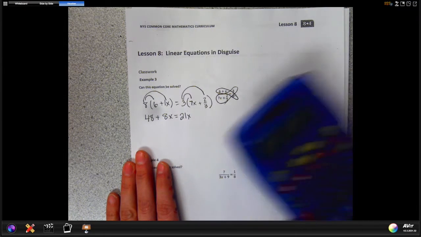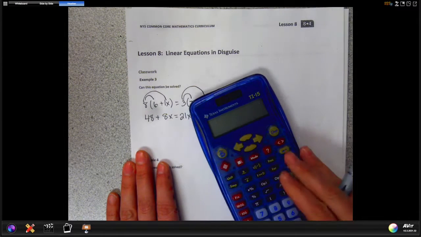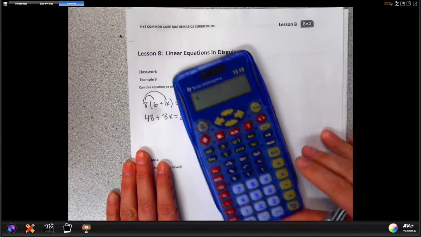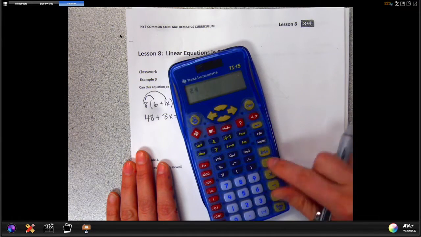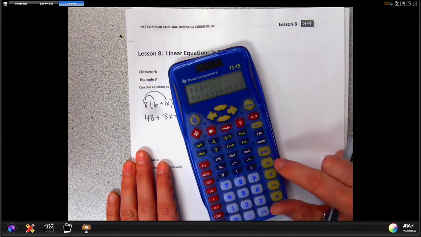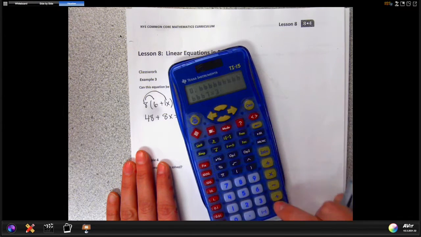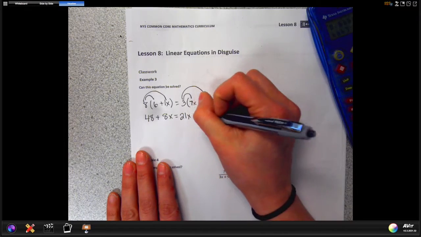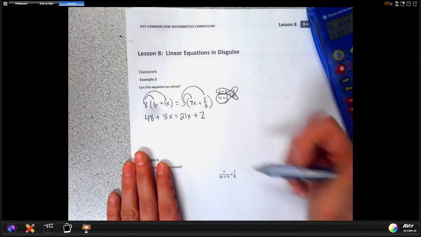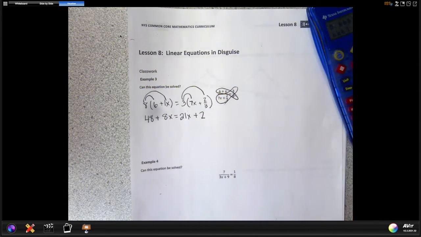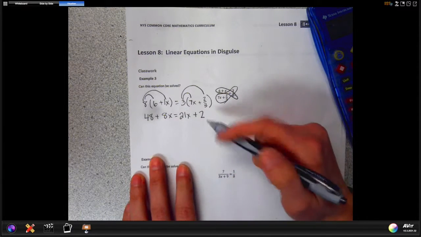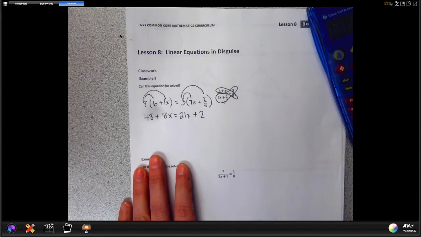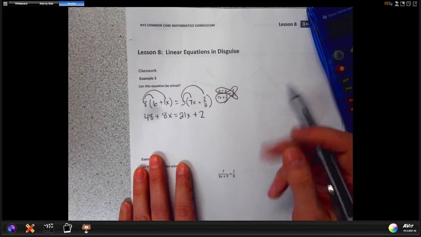Remember, on your calculator, you can type 2/3 in by doing 2 divided by 3 and then timesing it by 3. And you'll find out that that's just 2, so plus 2.